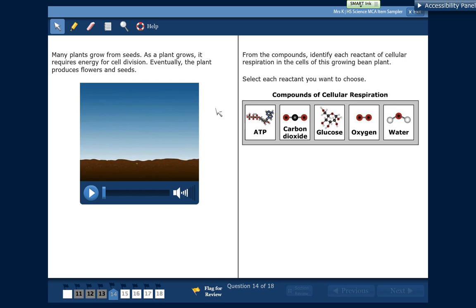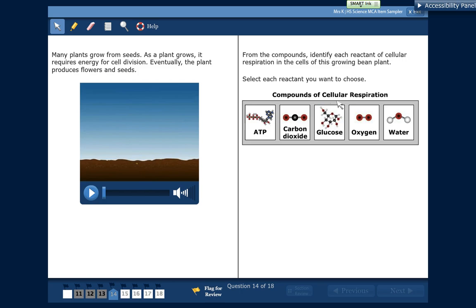Next, cellular respiration. So plants need to produce ATP. They need energy as well. So you need to know the equation for cellular respiration. Identify each reactant of cellular respiration in the cells of a growing bean plant. Select the reactant you want to choose. So it gives all the things of the whole equation, but you only need to pick the reactants, or what for cellular respiration to happen in the mitochondria it needs to start with.